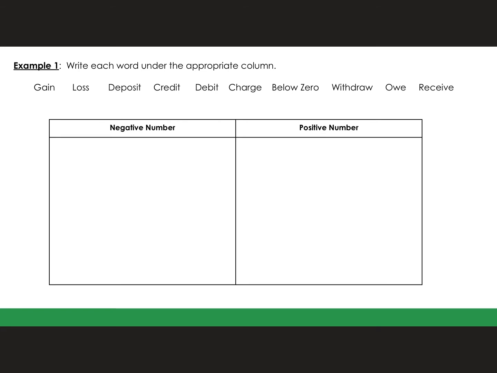Write each word under the appropriate column. So we're talking about these words and we're looking at whether they're negative or positive. So gain would be positive. Loss would be negative.